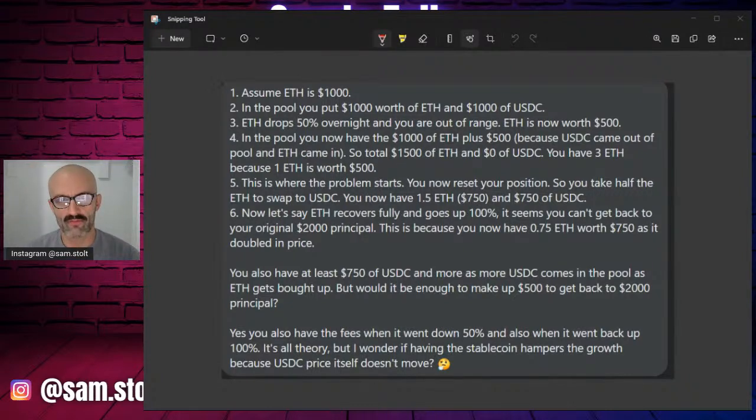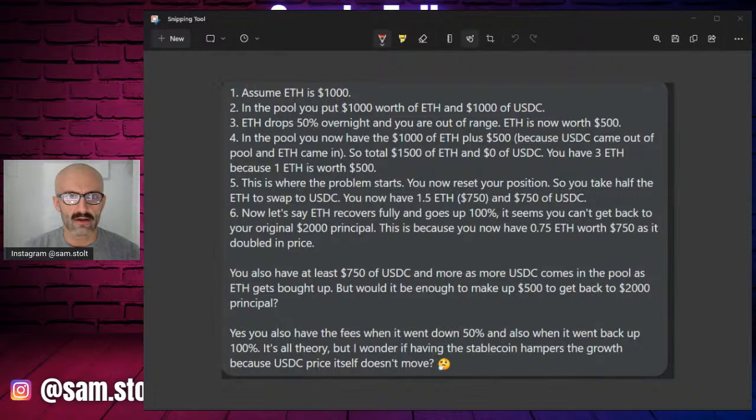So what I first want to do is read through this. Then we're going to go through and understand what a stable coin is. Then we're going to understand what LP is. And then we're going to go through and talk about this specific question here.